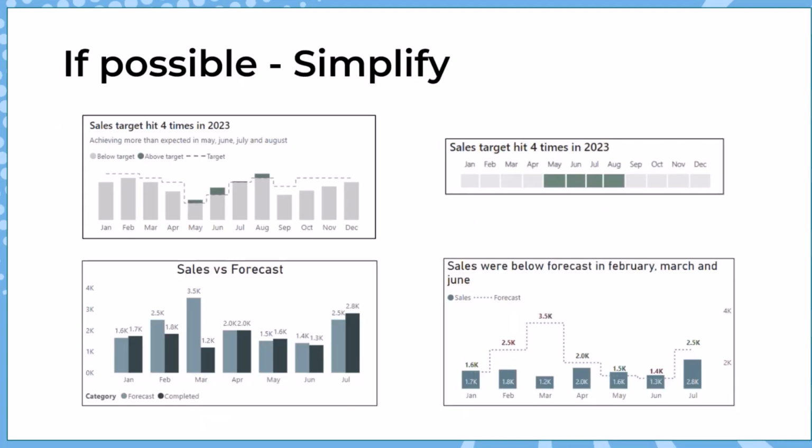And something else I think is important is to make it as simple as possible, if you can. On the top left, you see sales targets hit. And this is actually some ducks playing around. What I'm doing is I color the bar charts gray that are below a target, and everything above a target I color in green.